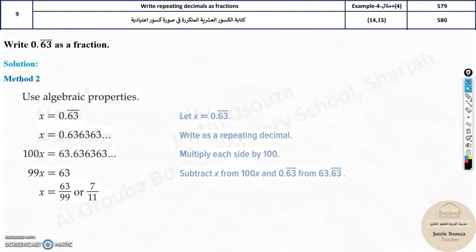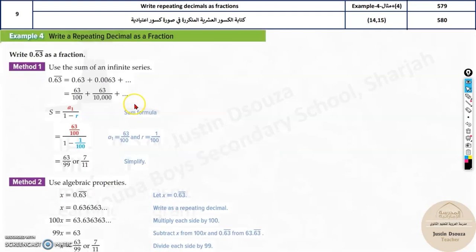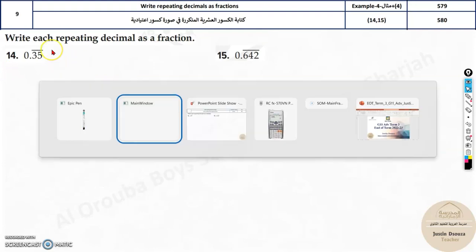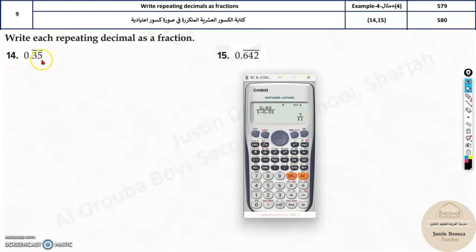And there's another quick method where you just take the two repeating digits and divide that by 99. I'll show you some examples. Say for example, 0.353535..., where the line above denotes that these particular digits are being repeated all the time.